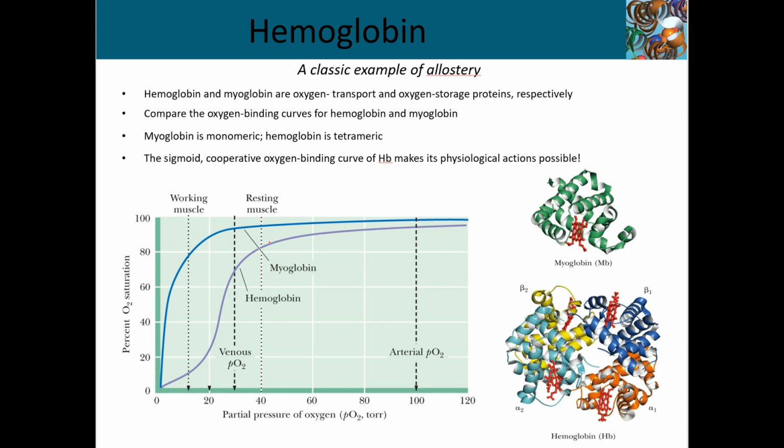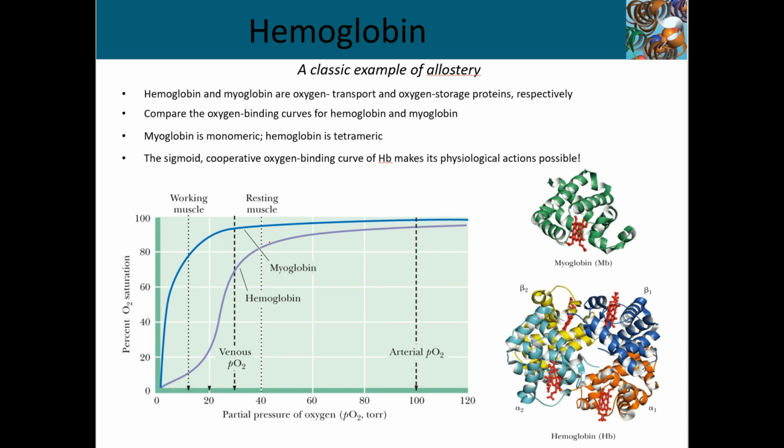It's important that at the lung, where we have a higher concentration of oxygen, the hemoglobin can grab that oxygen, but then that it holds on to it as it passes through the body until it gets to the capillaries, where it has a lower tissue density of oxygen where it can start to release it. I also want to highlight quickly the structural differences between myoglobin and hemoglobin.